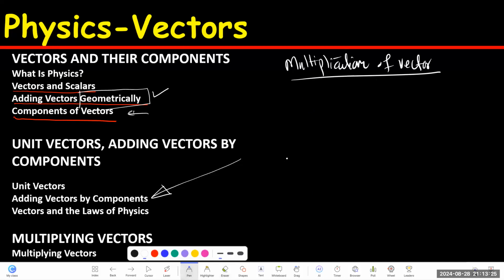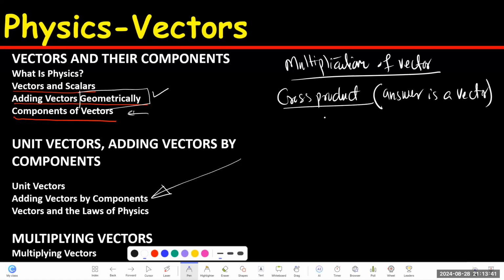Our answer is a vector. Remember, when you multiply two vectors and we want to consider their direction, the answer would be a vector as well.